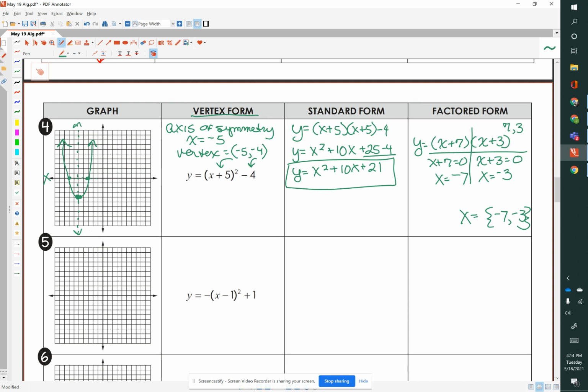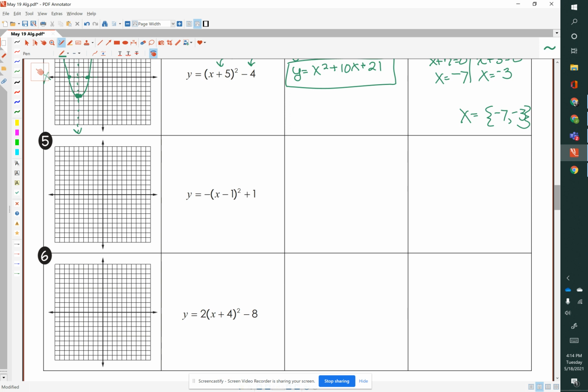Okay? All right, so number 5, y equals negative (x minus 1) squared plus 1. So the axis of symmetry is going to be x equals 1.